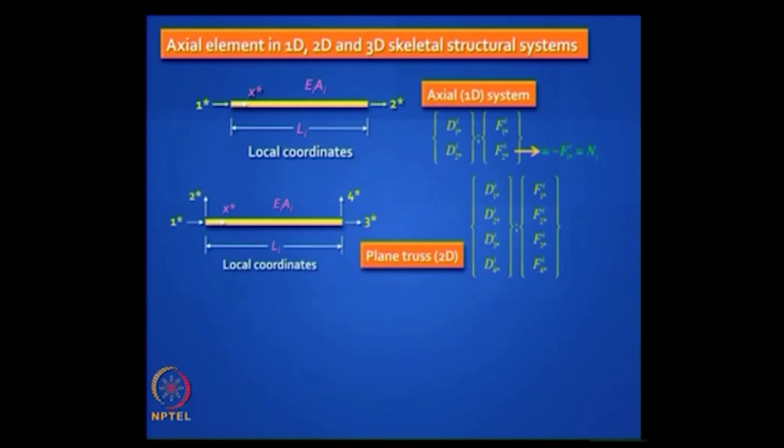Why are they 0? Yeah, so what do those force components refer to? Shear forces. So you assume that axial elements have no resistance to shear. So they are 0, and equilibrium demands that F3 star should be equal and opposite to F1 star, right.